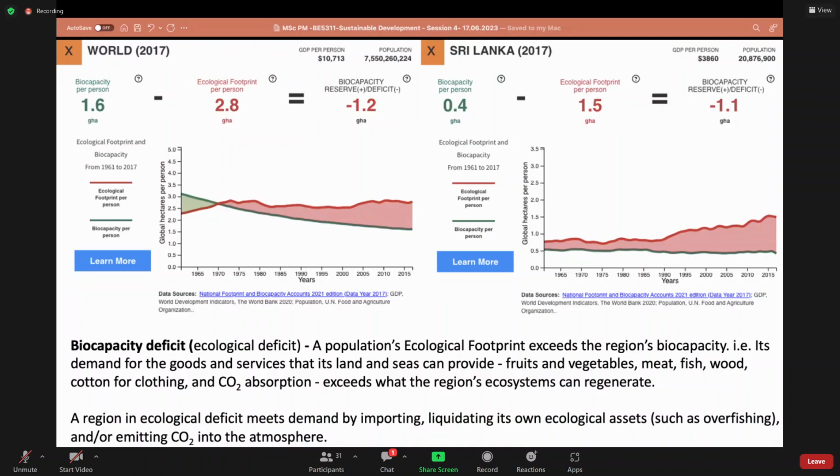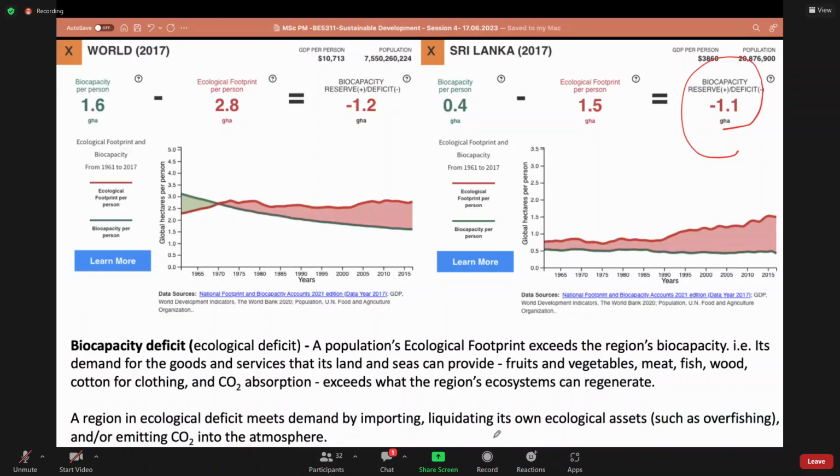So how do we meet this deficit? When we don't have this capacity in our own country, and we need more things, what happens is we are importing things, or we are liquidating our ecological assets.